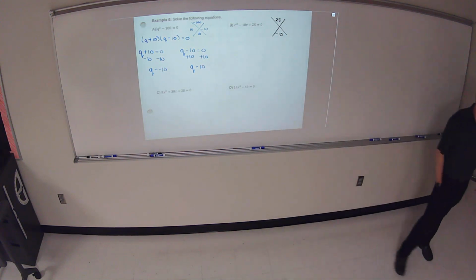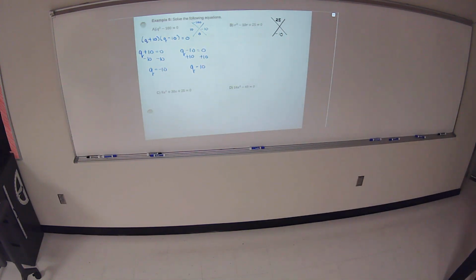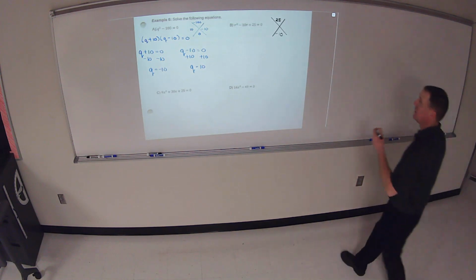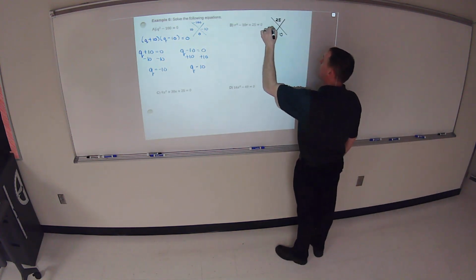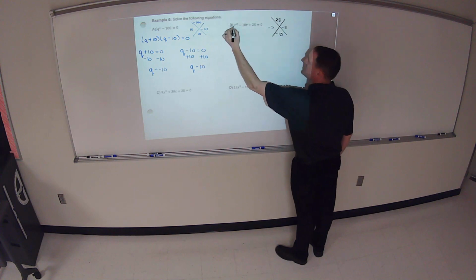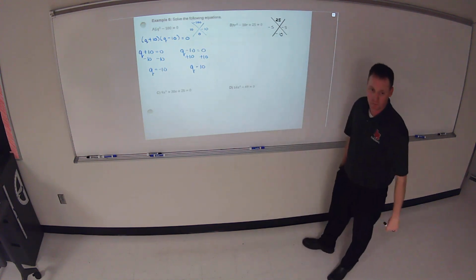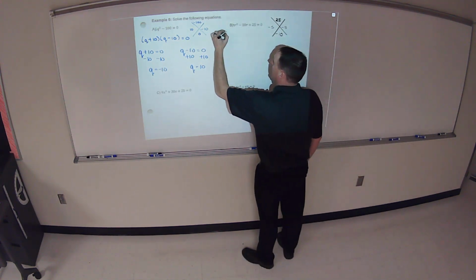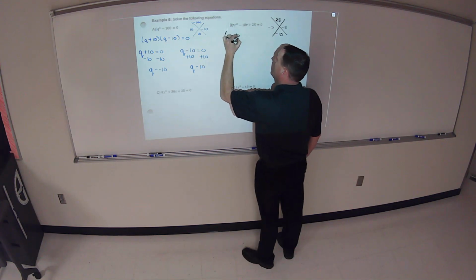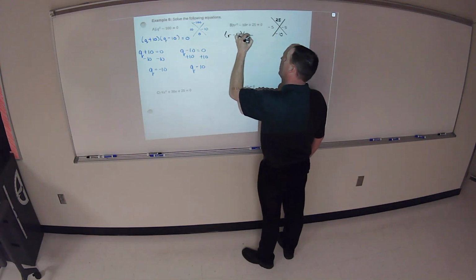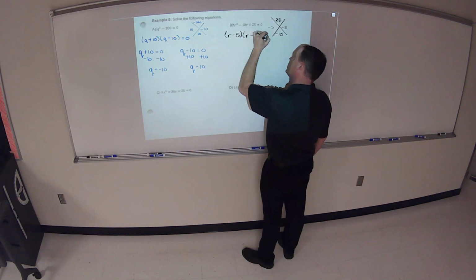Two numbers that multiply to give me 25 and add to give me negative 10 are negative 5 and negative 5. The original A value here was 1, so we're going to have R minus 5 times another R minus 5 is equal to 0.